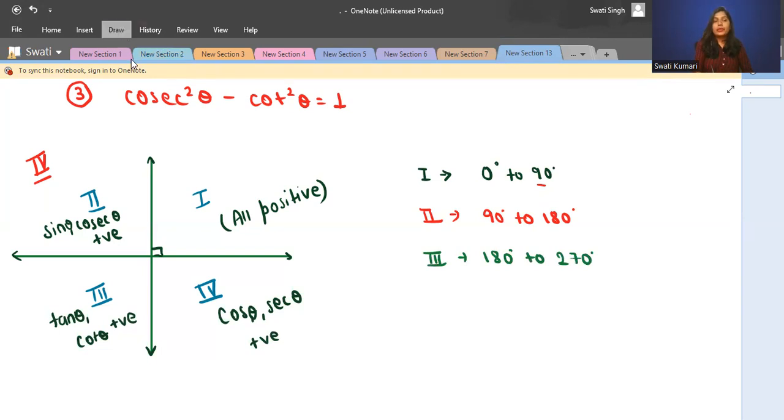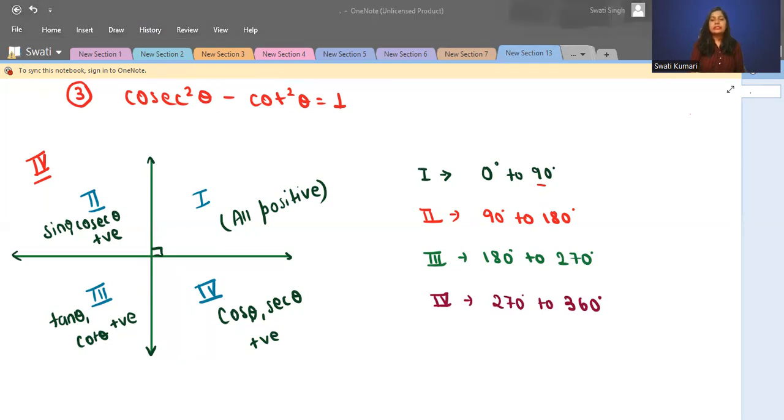And the fourth one is going to start from 270 degree and end at 360 degree. I hope you already know that when you take a complete round, it is 360 degree. As you can see here, I have also completed till 360 degree.